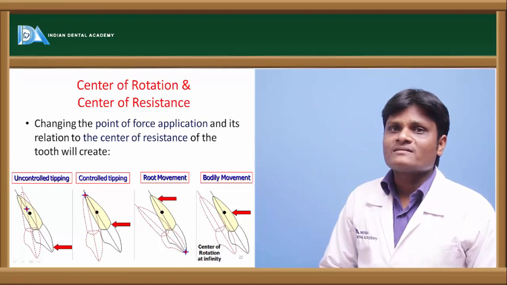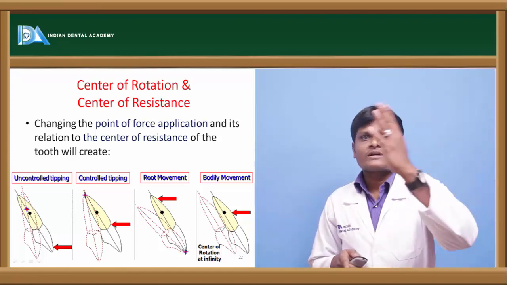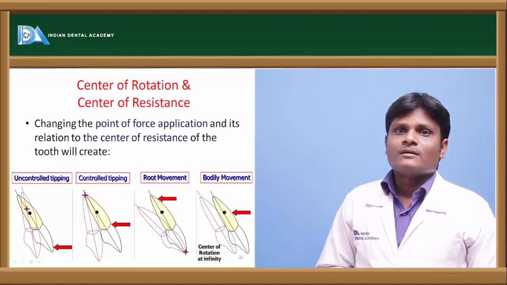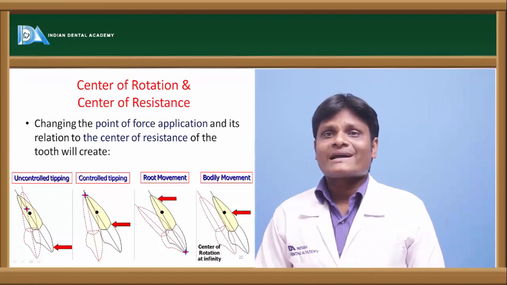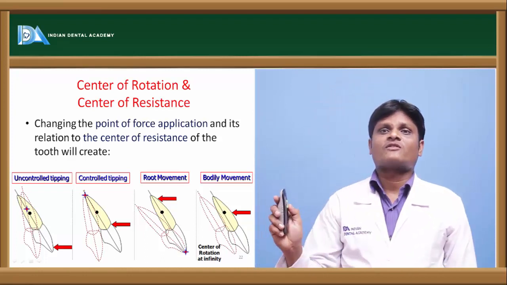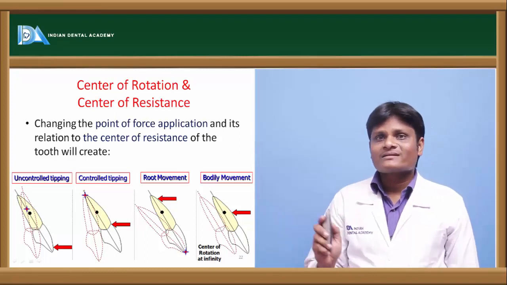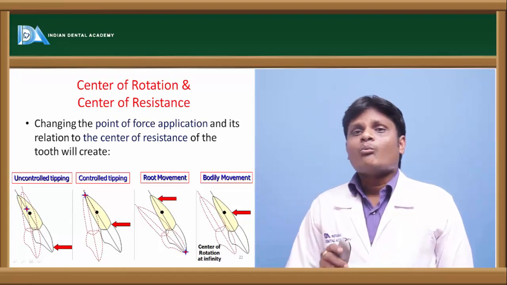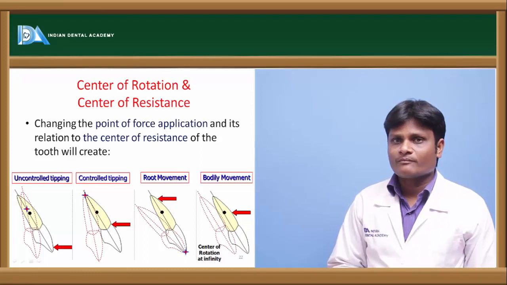And when this happens, the crown will rotate in one direction whereas the root will rotate in another direction. This is called uncontrolled tipping. So in uncontrolled tipping, the force is acting too far away from the center of resistance, and the root is moving in one direction whereas the crown is moving in the opposite direction due to the moment created by the force. This is called uncontrolled tipping.